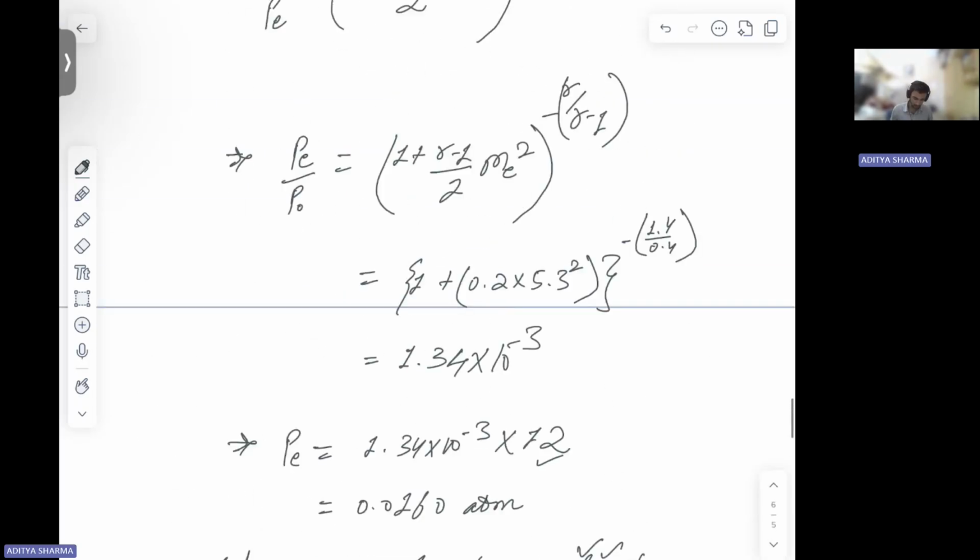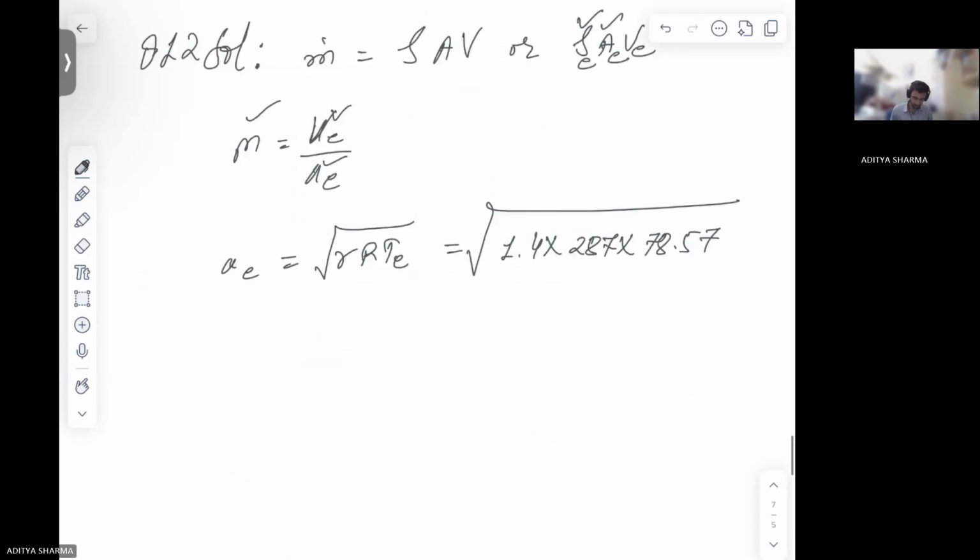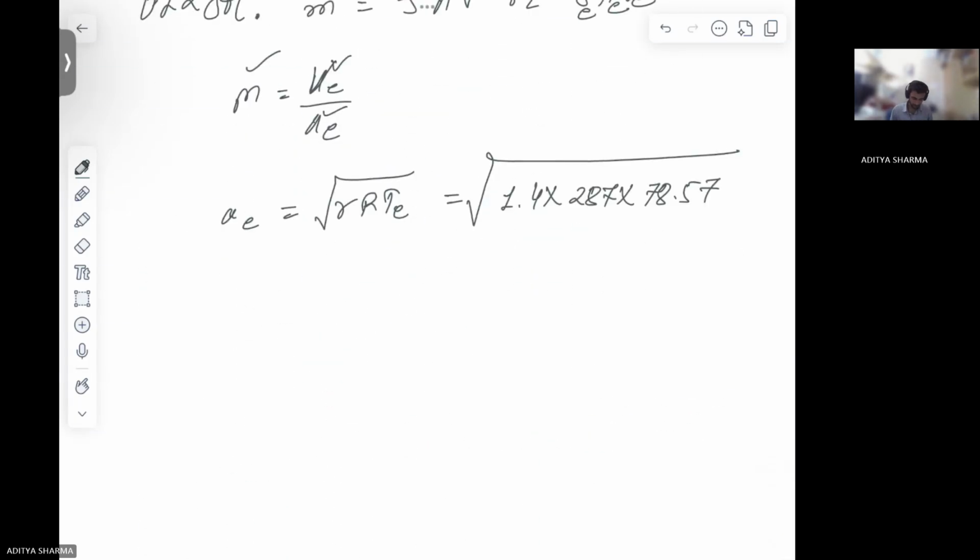So taking root, this comes out to be 177.67 meter per second.